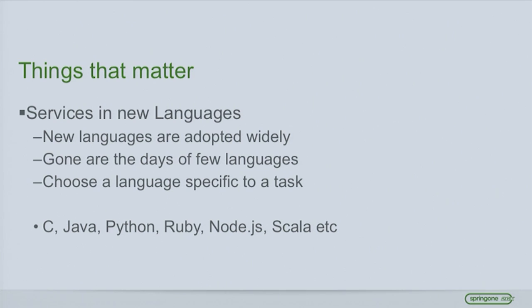Another thing is that services written in, let's say, Node.js can work much better than some other services, because it does some tasks very well compared to another language. I think that is an important thing.